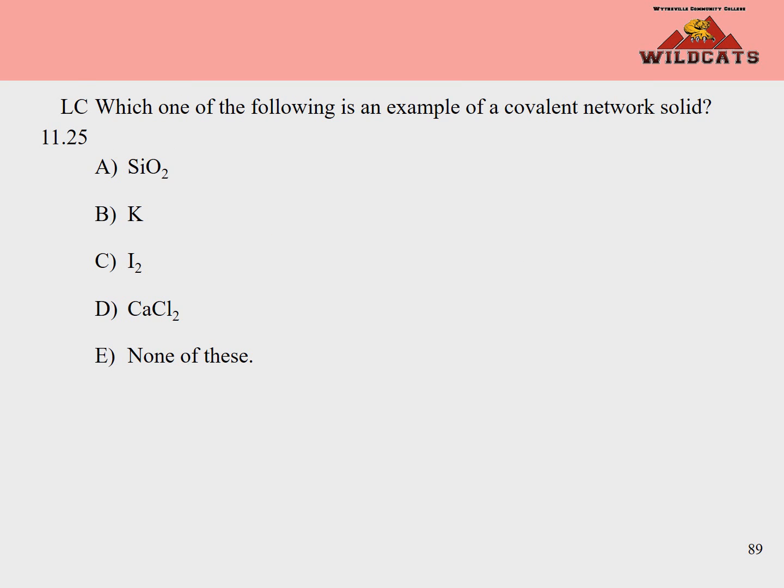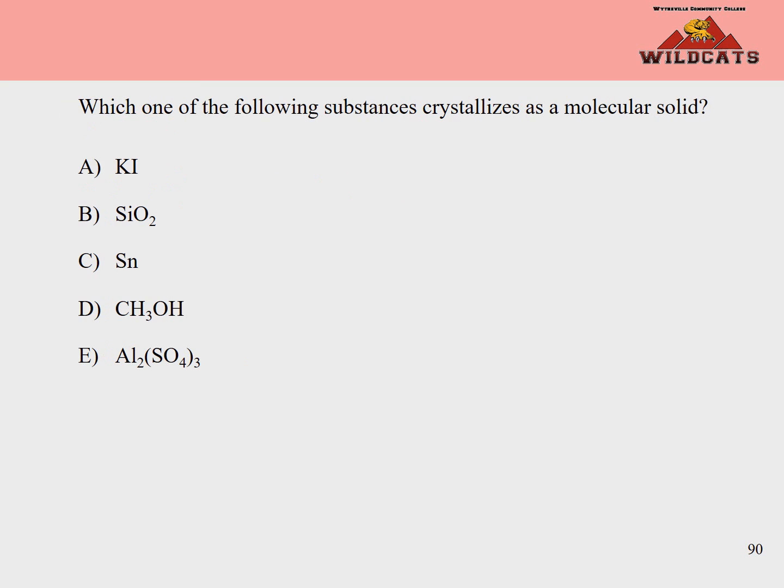So which of the following is an example of a covalent network solid? That's silicon dioxide. You guys know it as sand. Which of the following substances crystallizes as a molecular solid? That's going to be the CH3OH, or the methanol.